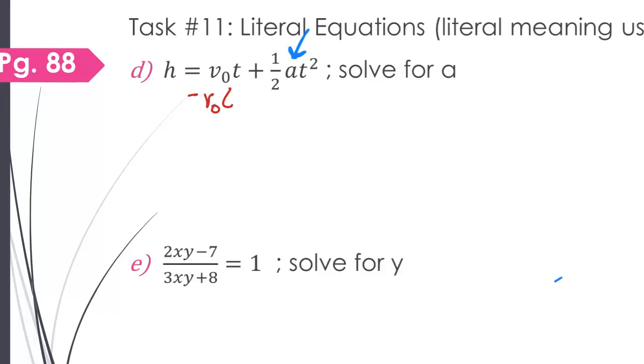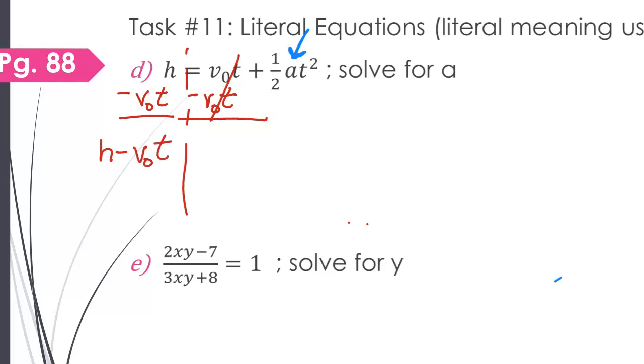V sub naught times T. Whatever you do on that side, you have to do to the other. Minus V sub naught, or sub 0, times T. This term cancels out, and I have on the left H minus V sub naught T, because I cannot combine those.